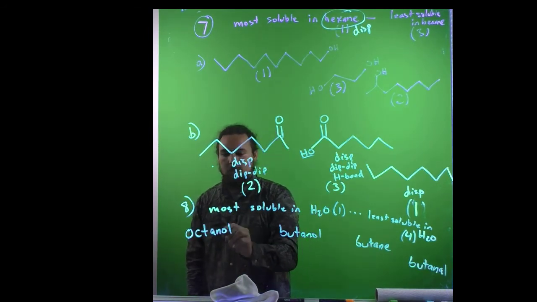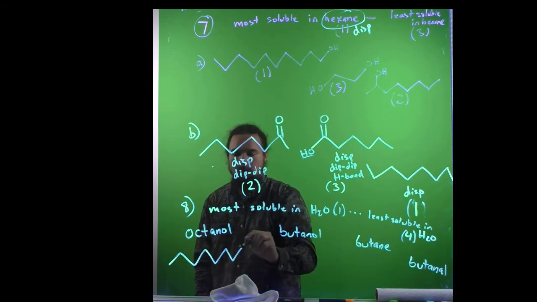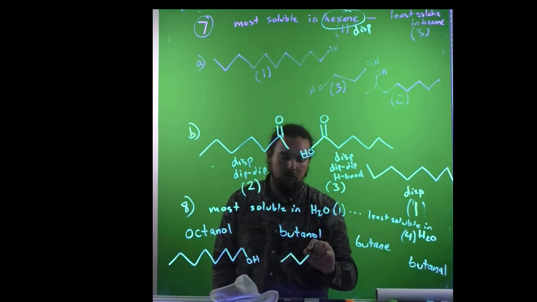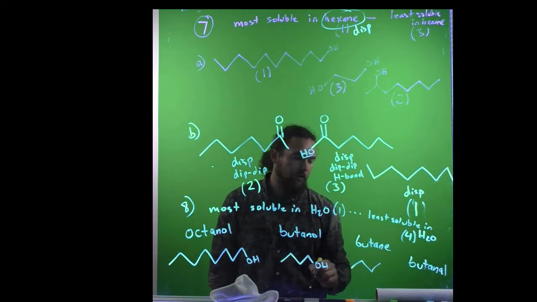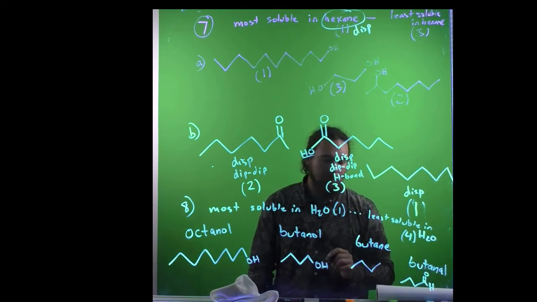Octanol is an 8-carbon chain with an alcohol coming off. Butanol would be a 4-carbon chain with an alcohol coming off. Butane would be a 4-carbon chain, and butanal would be a 4-carbon chain with an aldehyde at the end.